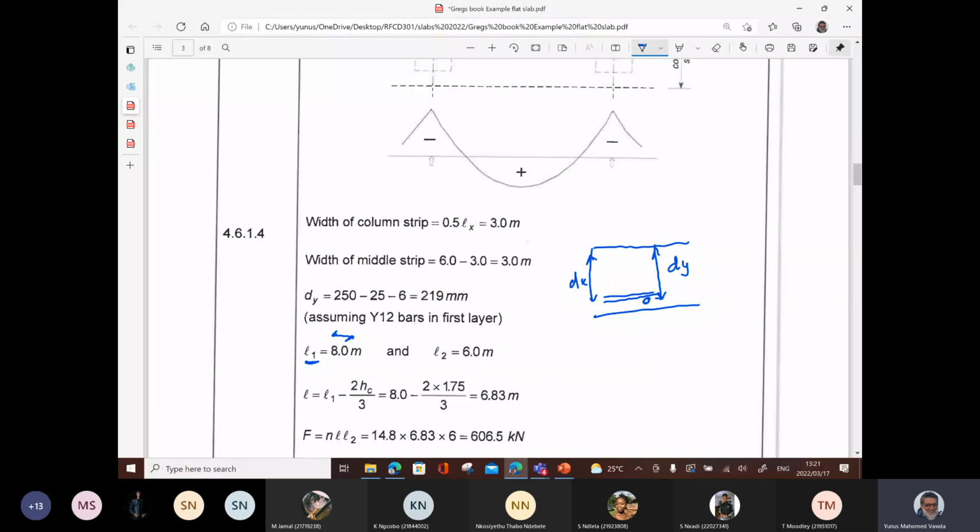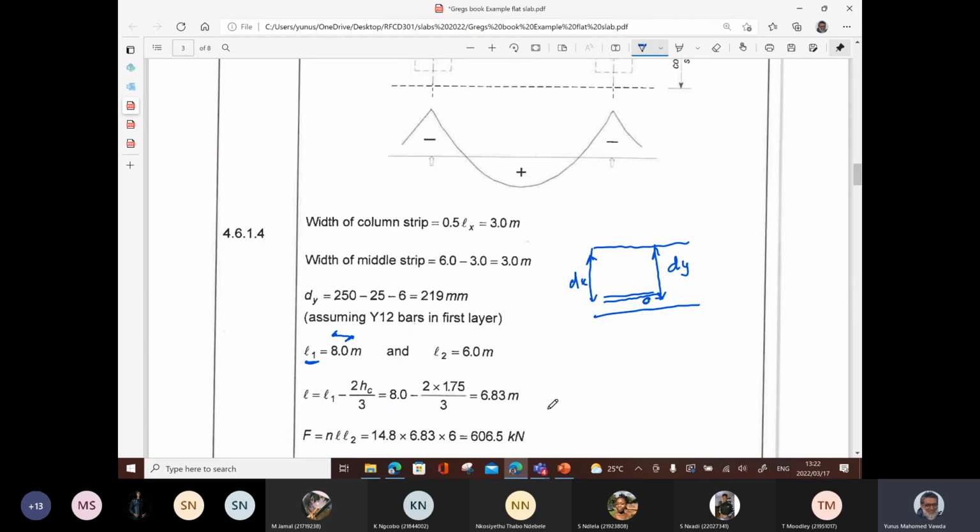So L is equal to 8 minus, remember the head was 1 point, what did it work out to? 1.805, which was greater than a quarter of the Lm, and therefore we had to reduce it to 1.75, right? So don't forget, this is that hc, so be very careful, make sure you calculate the right value there. 8 minus 2 times 1.75 divided by 3, which is 6.83.